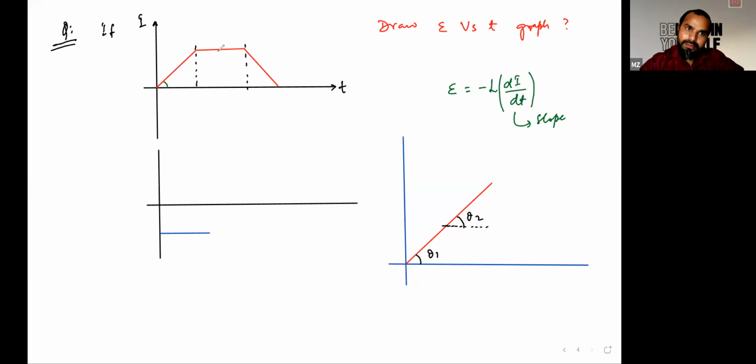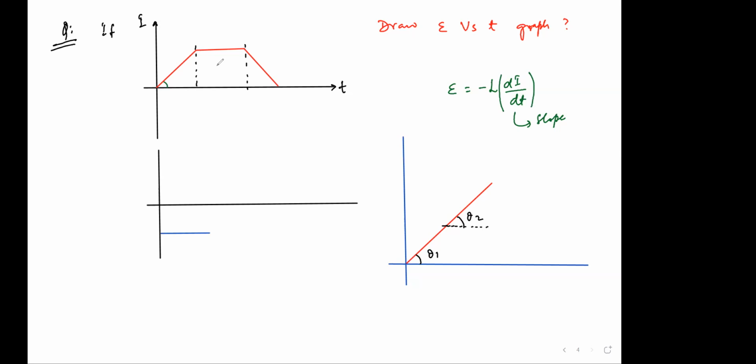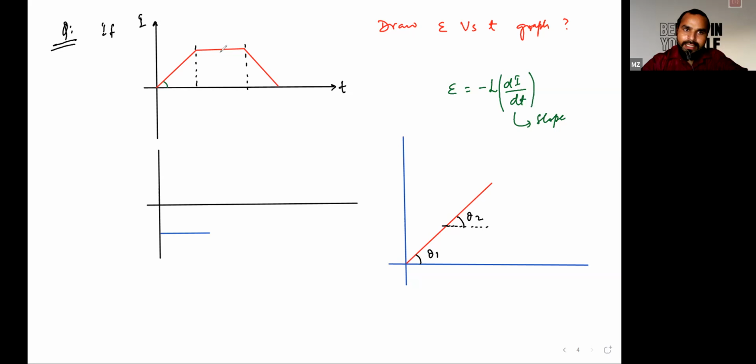What is the inclination of this particular line? This line is parallel to x-axis. So there is no inclination of this particular line with respect to x-axis, so it would be 0. Means slope of this particular line with respect to x-axis is 0. So if you put the 0 over here, EMF would become 0. So it would be 0 from this point to this point.